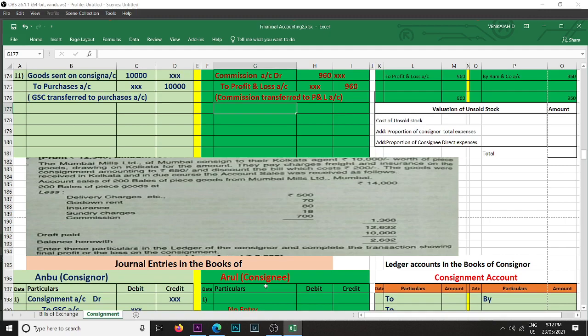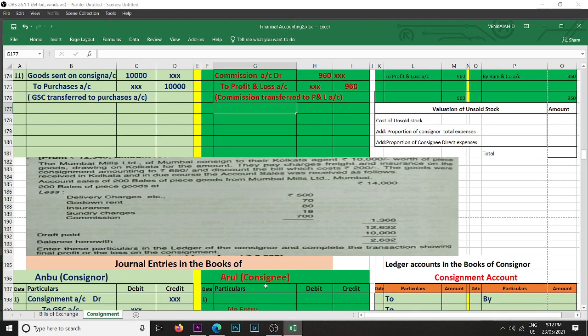Mumbai Mills Limited account to bills payable account, 10,000. Advance paid. Advance bills payable is accepted. Okay. Right. So we are following according to the problem.